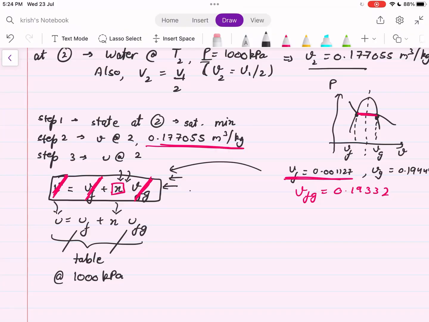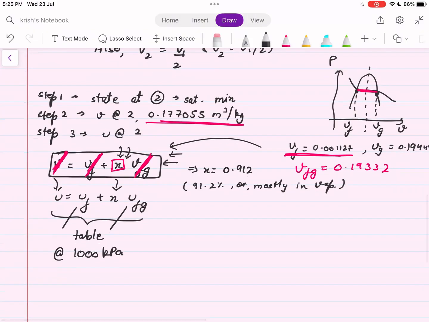So plugging all of this information into this, we will get x equals to 0.912. That is, the quality of the mixture is 91.2%, or it is mostly in vapor phase, right? Because remember, quality can be intuitively thought of as the mass of vapor upon total mass. That is, mass percent of vapor is the quality.